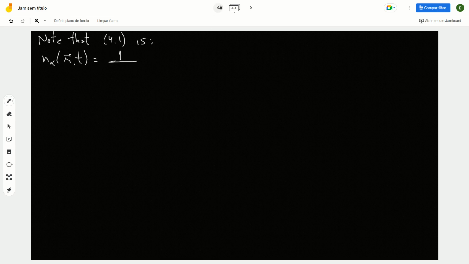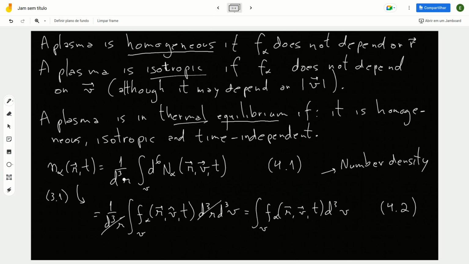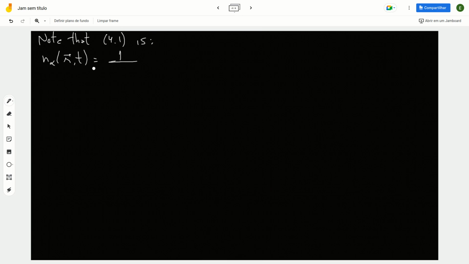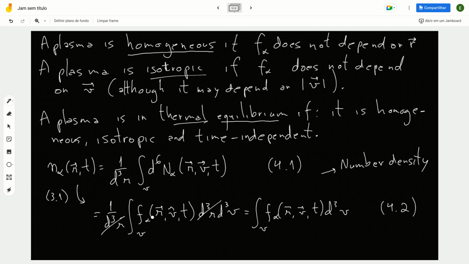One over, what is this? Well, let's write all components. So we have dx, dy, and dz, and then we have three integrals in v. I could just have used this equation of 4.2.